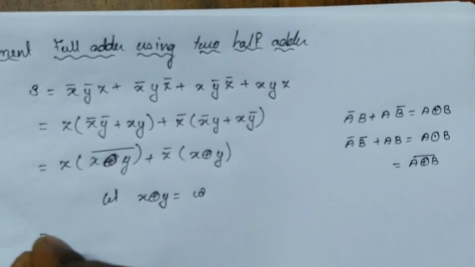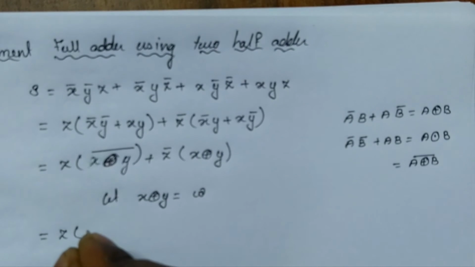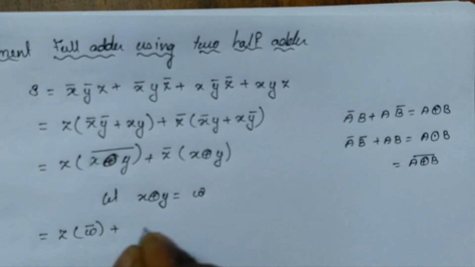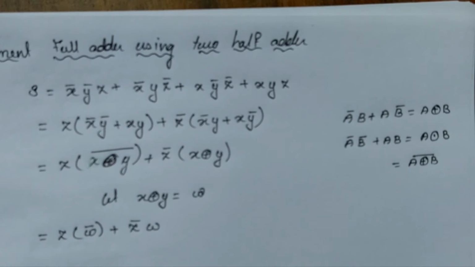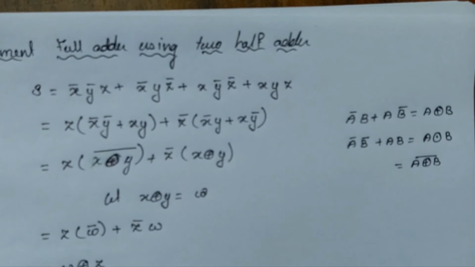Therefore here z into w bar plus z bar into w. Which is of the form a bar b plus a b bar. Therefore finally I will get w XOR z.